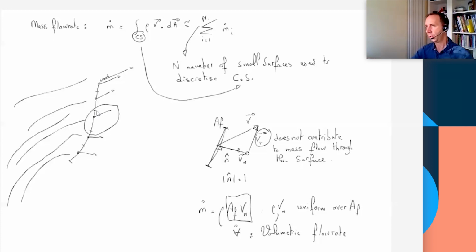Okay, so basically discretizing means breaking it down into smaller areas, as we've done here.